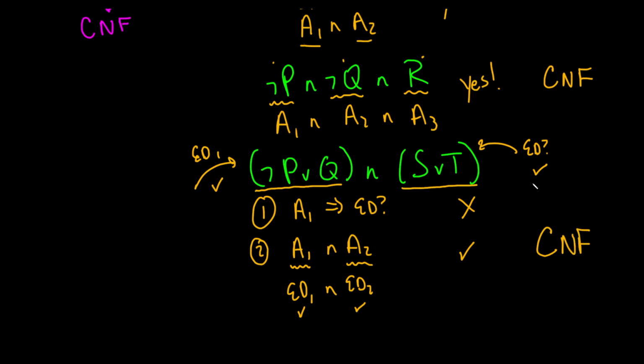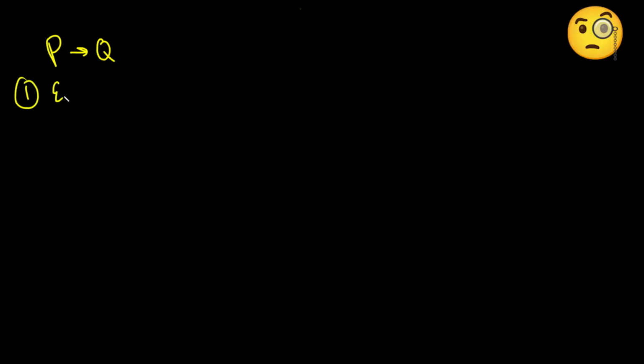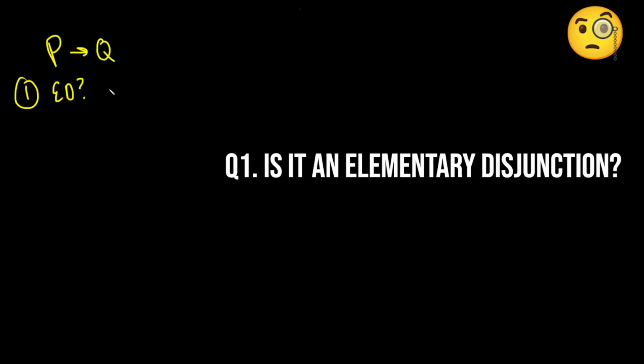Let's look at some examples of formulas that are not in conjunctive normal form. So let's take a look at the formula P right arrow Q. Now we could of course ask ourselves the two questions, which would be first, is this an elementary disjunction? The answer to that would be no, it is not an elementary disjunction because it's not a literal, and also it is not a disjunction of literals.